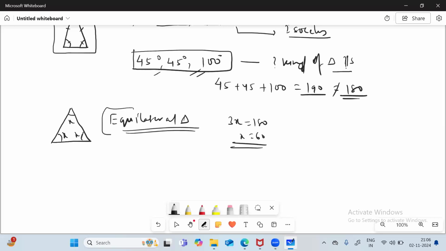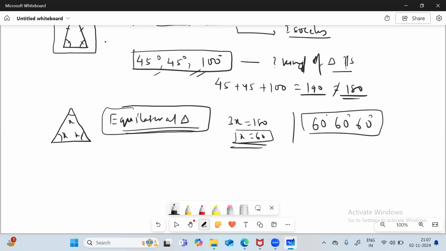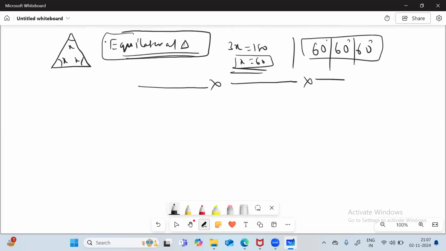So every equilateral triangle will have its angles as 60. If you draw any triangle which has all three angles as 60, 60, 60, it will always be an equilateral triangle. And if we take any side and draw an equilateral triangle with it, it will have all the angles the same, 60. So these are the basic facts about triangles. Now let's go for properties.